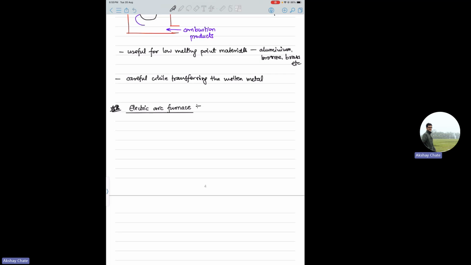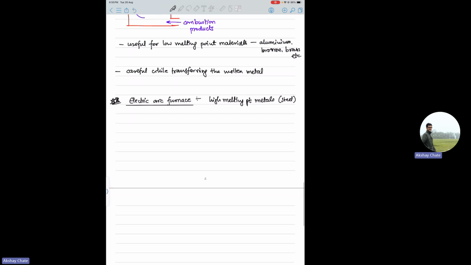So these can also be used for higher temperature metals, high melting point metals, okay, such as steel. It is also possible to melt steel using electric arc furnaces. Two types are there.